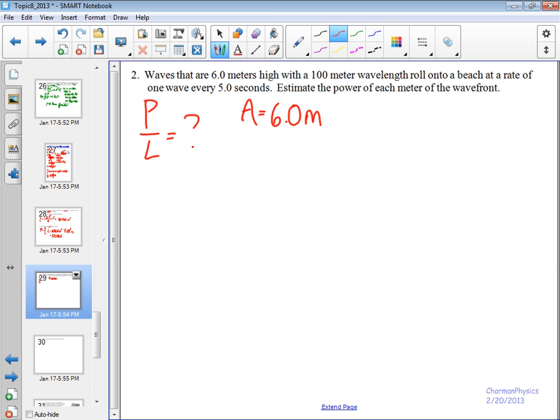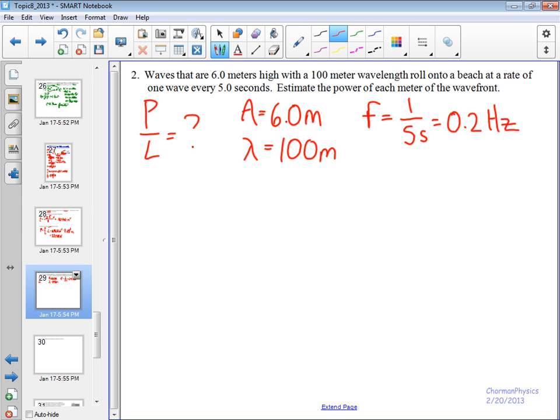Good fun. Okay, so our amplitude is 6 meters. The wavelength is 100 meters. The frequency here, since it's one for every 5 seconds, 1 over 5 seconds, is 0.2 hertz.